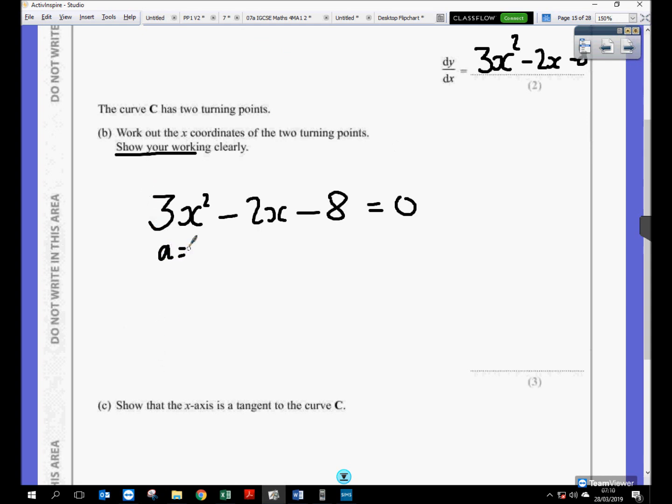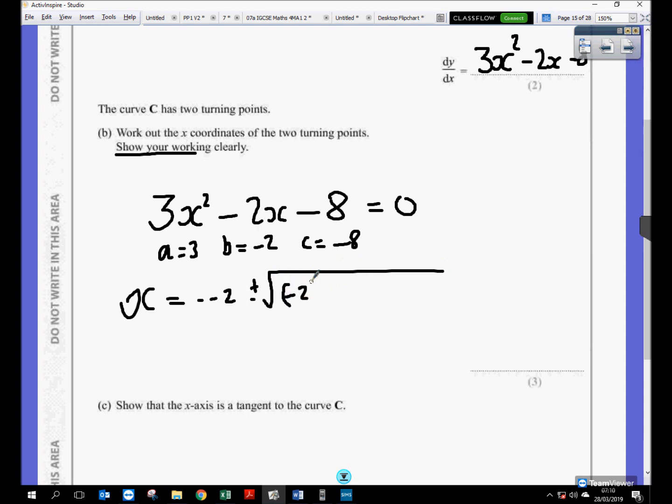So you're going to write that down. a equals 3, b equals negative 2, c equals negative 8. Start to substitute into the formula. x equals minus b plus or minus the square root of b squared minus 4 times a times c, all over 2a.